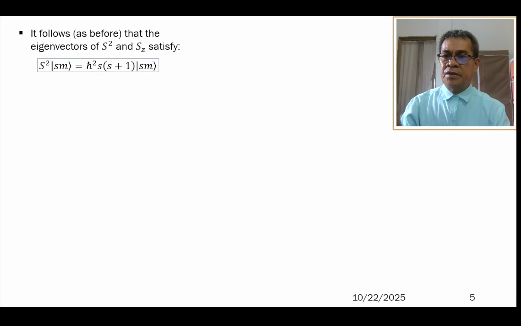So we have the operator S squared that acts on an eigenfunction, then it provides an eigenvalue, and the eigenvalue is h bar squared times s times s plus 1.